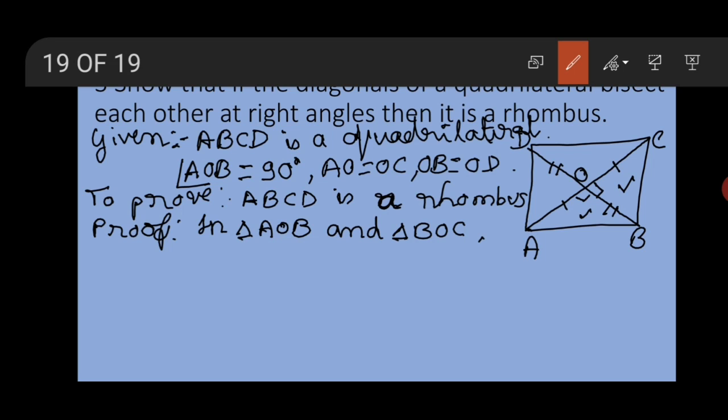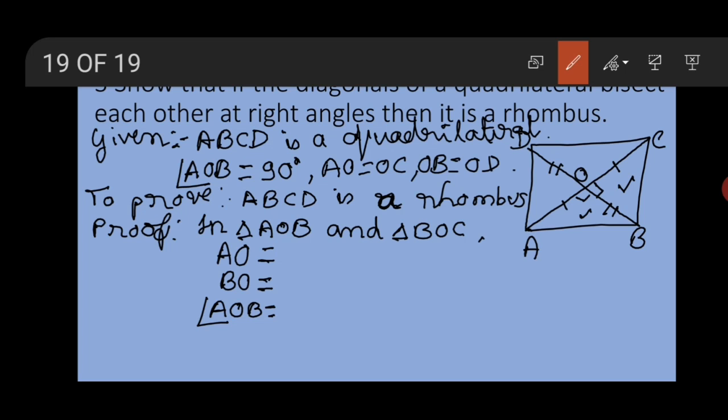AO is equal to what? And BO is equal to what? Again angle AOB is equal to what? Can you try to write the corresponding parts of triangle BOC?